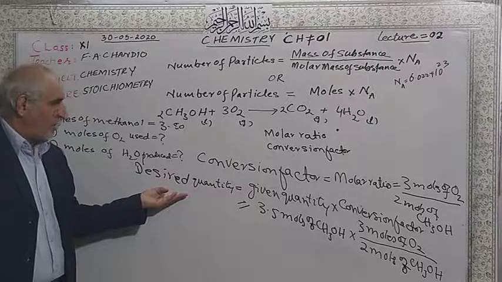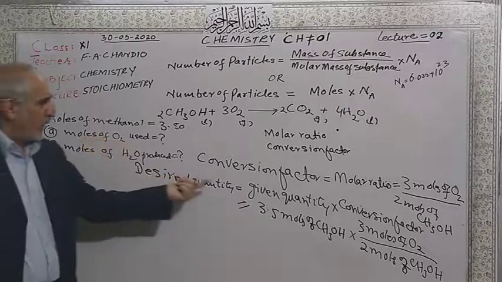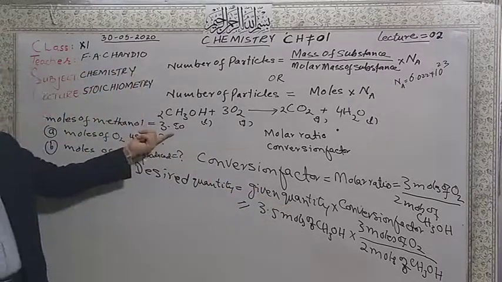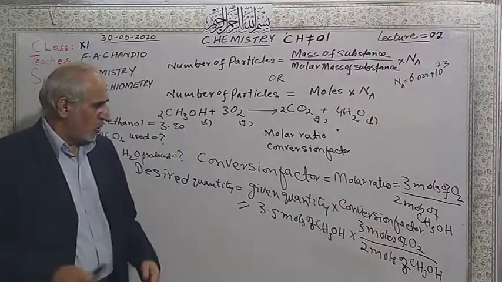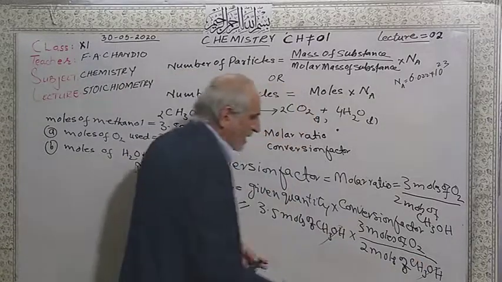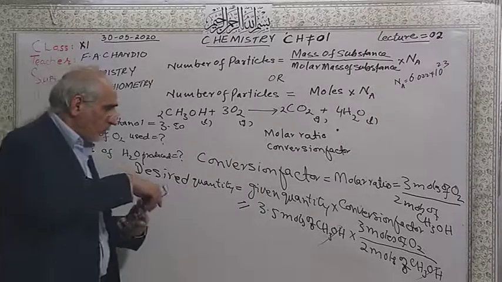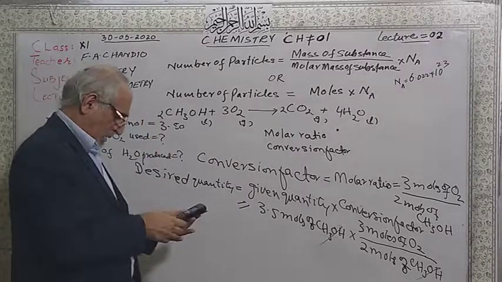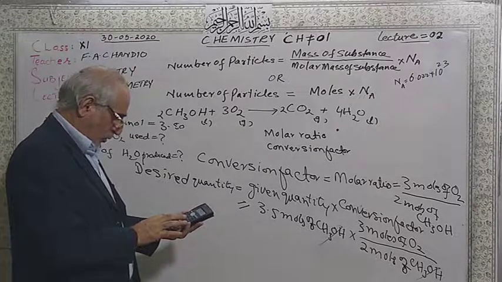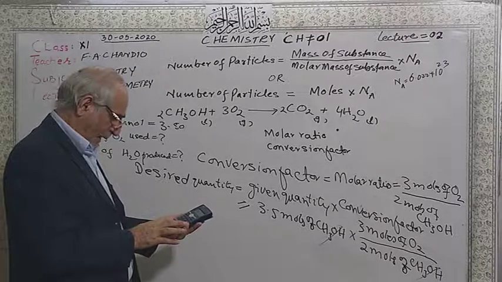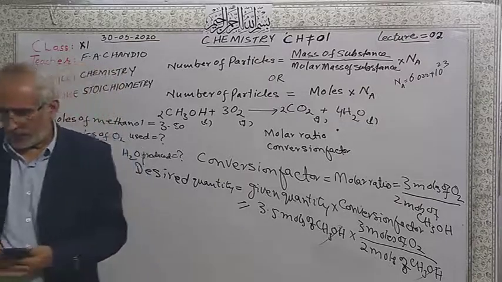Desired quantity means you want to calculate the moles of oxygen. Given quantity 3.5 moles. Multiply by conversion factor, already I told you. So this methanol is cancelled and you will get the moles of oxygen. From the calculator, 3 divided by 2 is 1.5, multiplied by 3.5. The answer is 5.25.